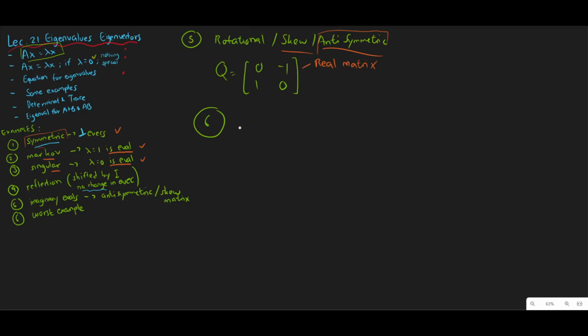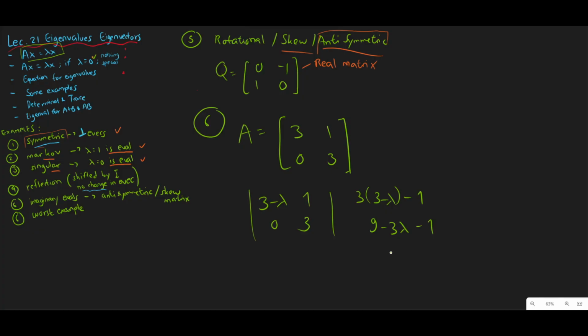So this is an example, let's say this matrix. And let's do the drill, right? 3 minus lambda, 1, 0, 3 minus lambda, and then you can multiply this out.